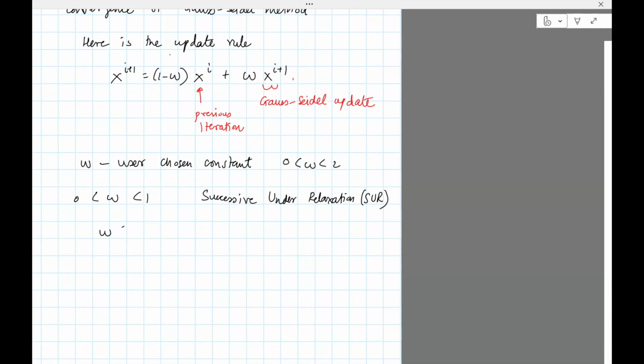If omega is between 1 and 2, it's called successive over relaxation, SOR.